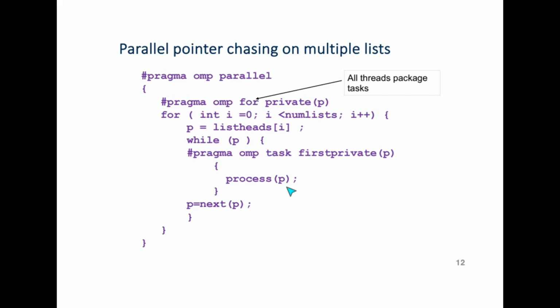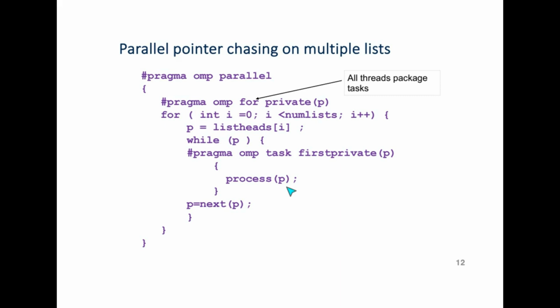So without using tasks, this would give us a very difficult load balancing problem to try and solve, and it's tricky to do without tasks, even if you've got this kind of nested parallelism.